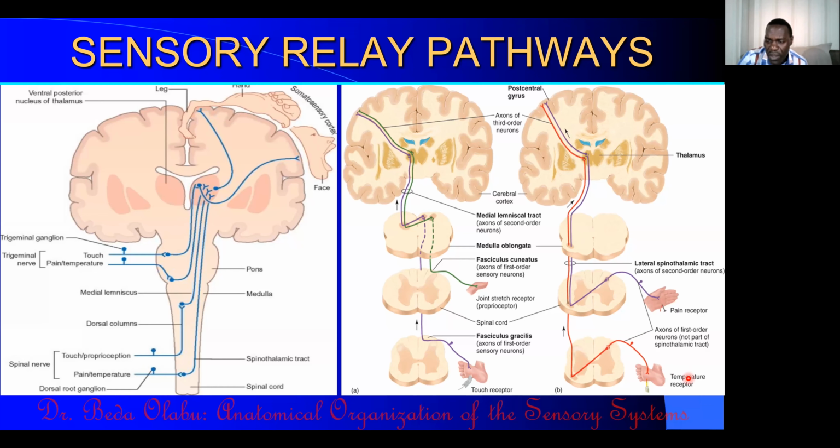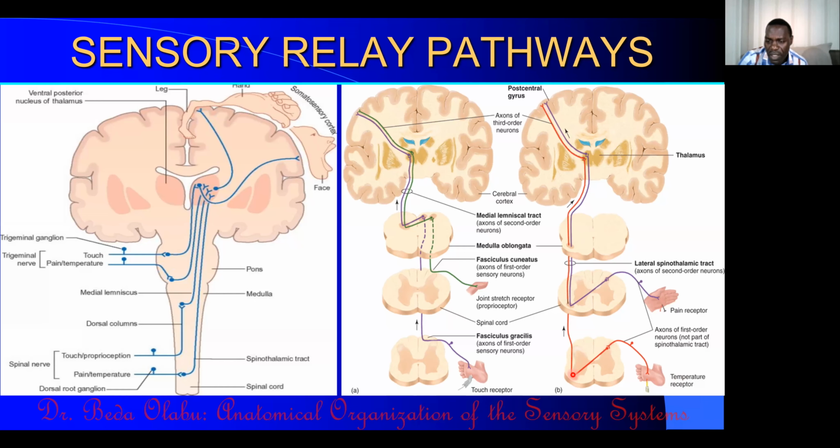The ones that are concerned with temperature, pain, pressure, and touch. Pain, temperature, pressure, and touch behave the same way. And this is what they do. They enter, they reach the dorsal horn of the spinal cord, they synapse there. The synapse is the second order sensory neuron. Second order sensory neuron decussates first.